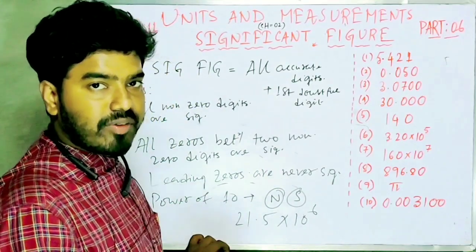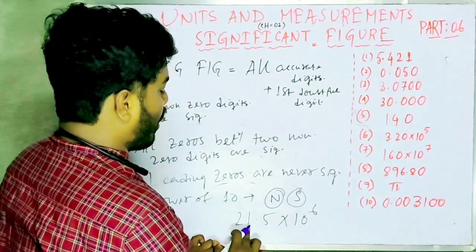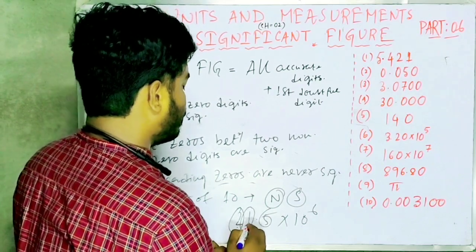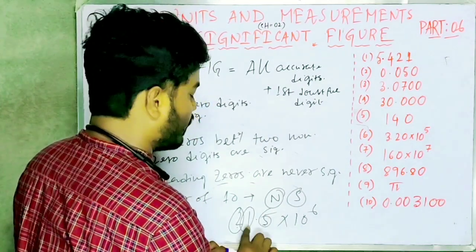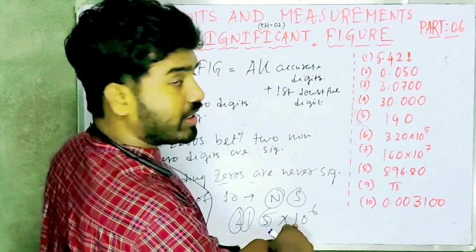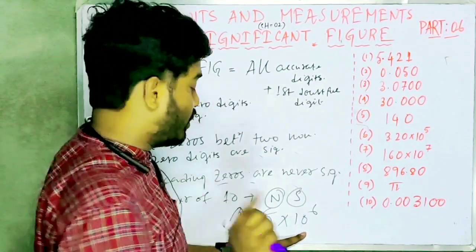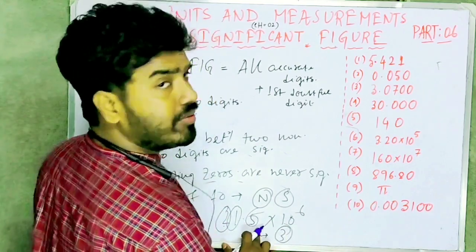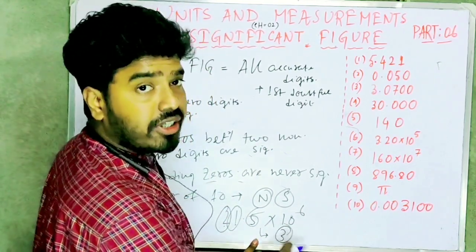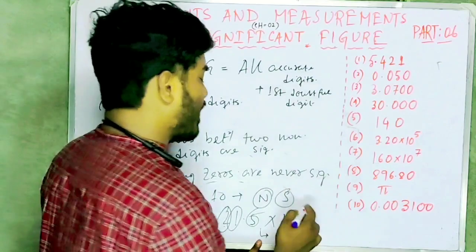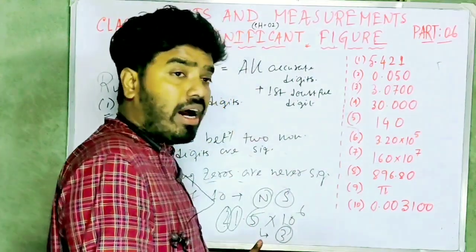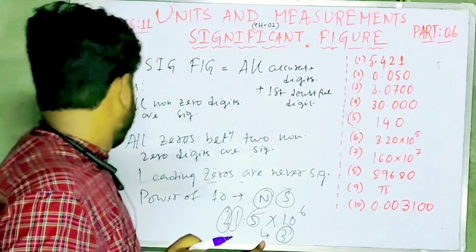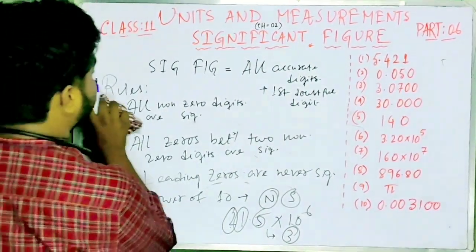What is the significant figure here? 2.15, that is non-zero, non-zero, non-zero. So 2, 1 and 5 are significant. 1, 2, 3. And this 10 to the power 6 is never significant. Mind it. So here the significant figures are 3: 2, 1 and 5. The power of 10, maybe 6, maybe 10 to the power 100, maybe 10 to the power 1000, is never significant. Okay.